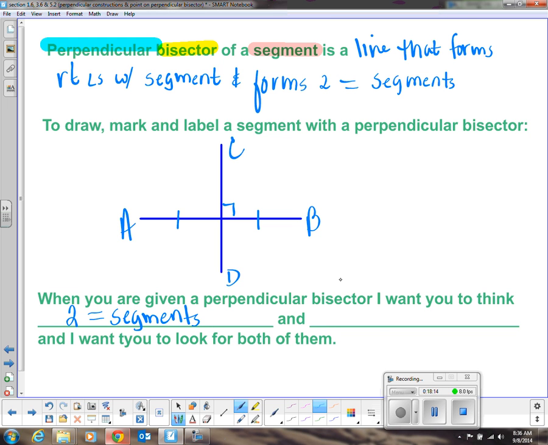That's the bisects. Do the perpendicular: 90-degree angles. So that's going to help you on your perpendicular bisector word map, Brian. Perpendicular bisector does 2 things. The line forms right angles with the segment, and it forms 2 congruent segments. So these 2 segments are congruent because of the bisect, and these lines form right angles because of the perpendicular. Okay? All right, so these notes will probably be in 2 parts because I think I'm going to pause this.